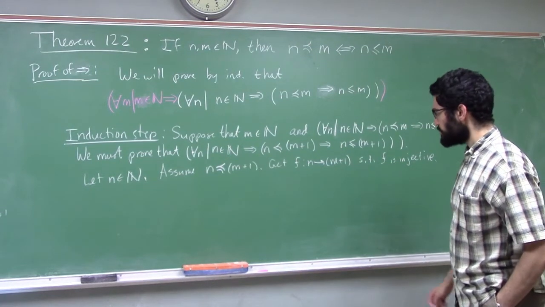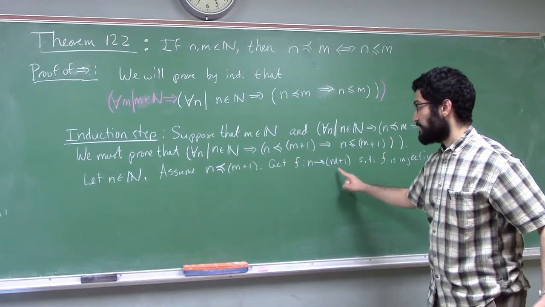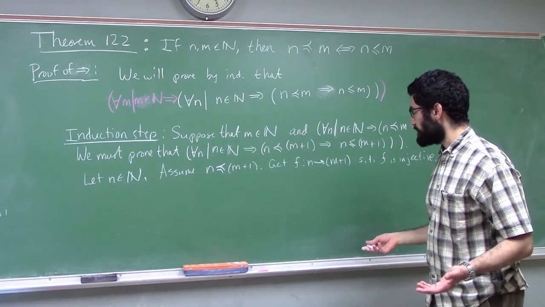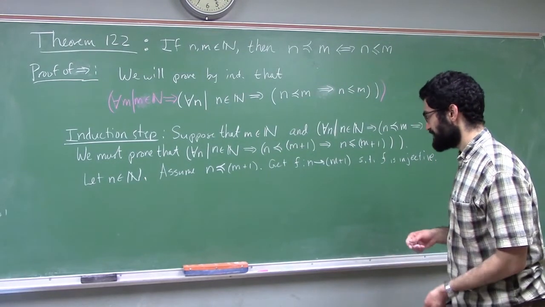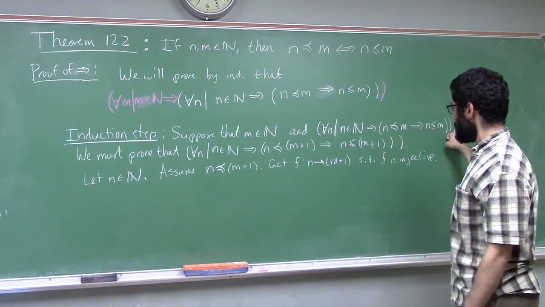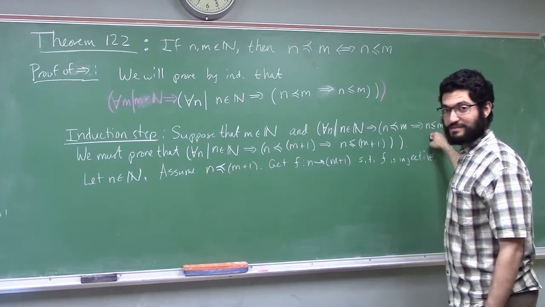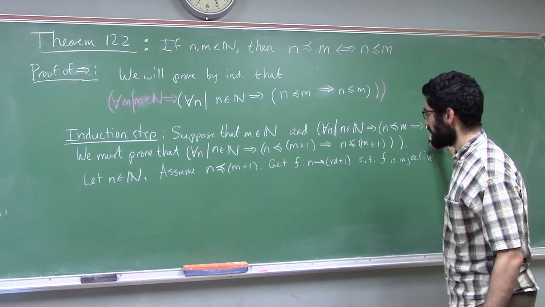Alright, now my goal is to prove that n is less than or equal to m plus 1. I am kind of stuck unless I use my induction hypothesis. So I've really got nothing to go off of unless I use this. This tells me if I have an injection from n to m, then I can draw some conclusions from that.